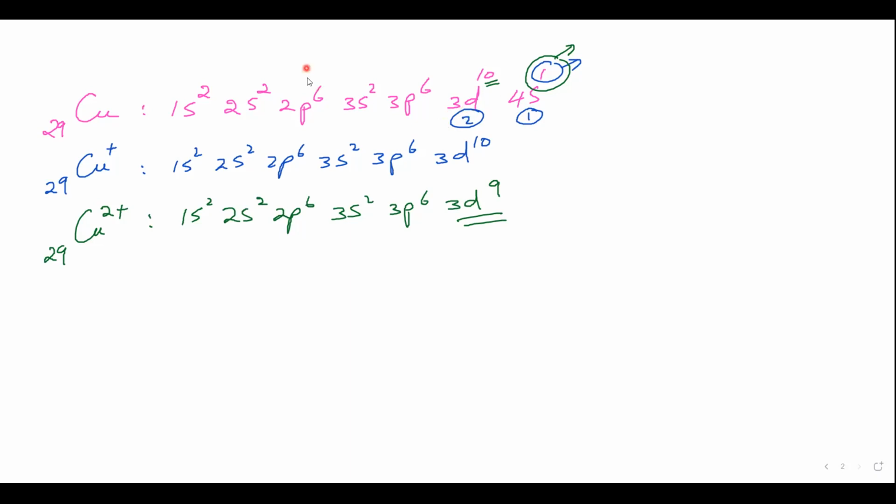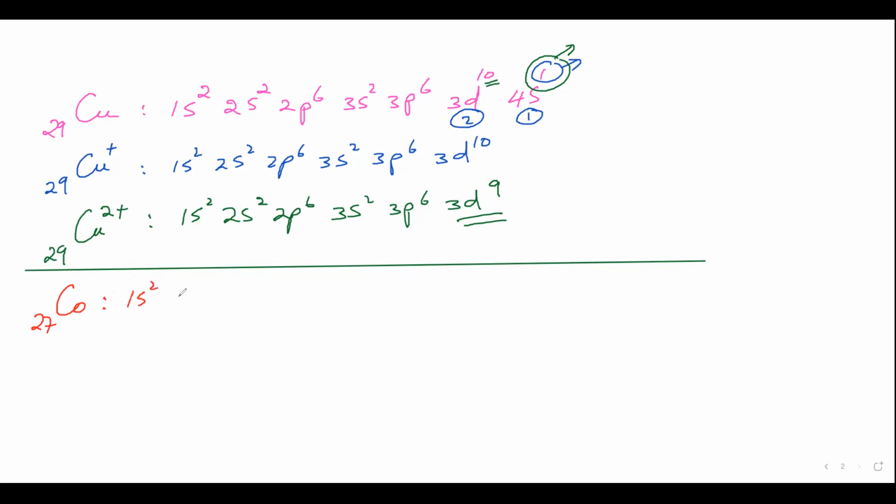If you want another example, okay, Mavi, can you give me the electronic configuration of cobalt 27? 1s2. Yes. 2s2. Excellent. 2p6. Yes. 3s2.